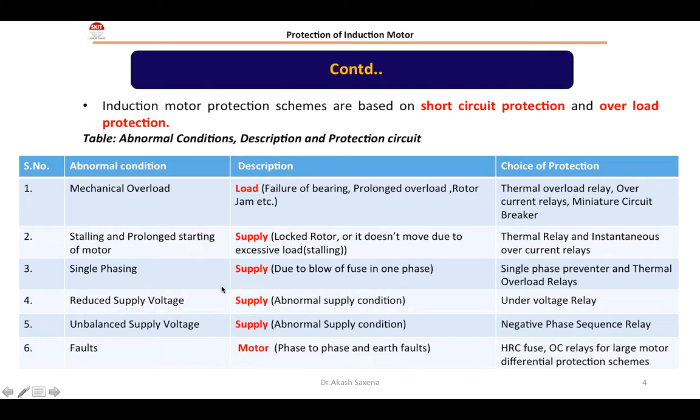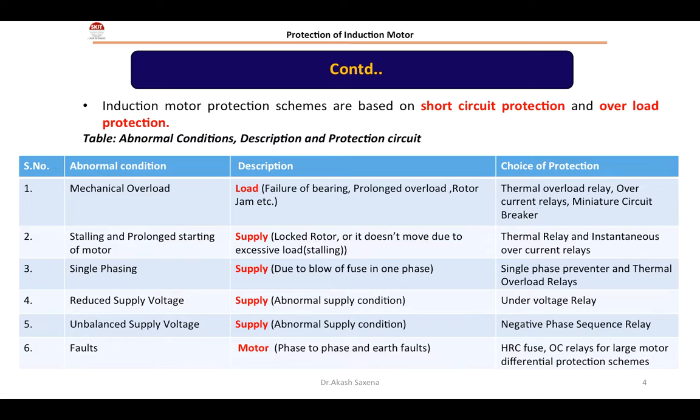These are the abnormal conditions that occur on the supply side, like single phasing, when a phase is suddenly off and the remaining two phases are carrying the full supply. That means again excessive current. So we are using single phase preventer and thermal overload relay. For reduced supply voltage, we are using under voltage relay, and for faults, phase to phase and earth fault, we can use HRC fuse, overcurrent relay for motor, and differential protection.